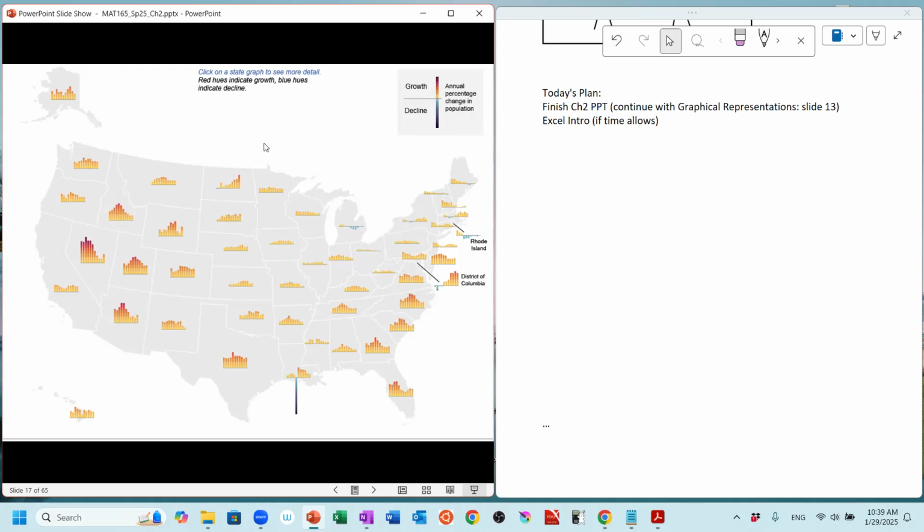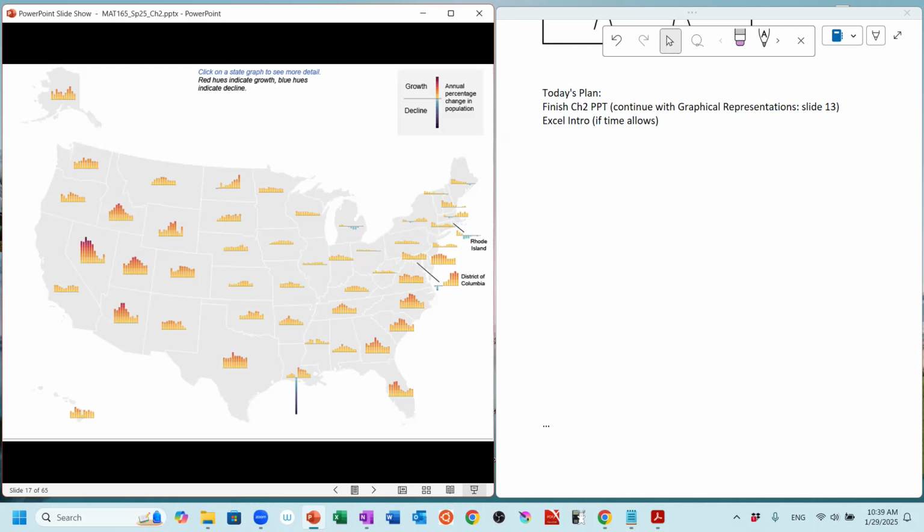And what I like about this is it combines the idea of a histogram. Now, I should say this isn't technically a histogram, because these bars represent growth or decline, say percent change, year over year. So my horizontal axis really is time, and my vertical axis really is percent change. But I'm showing this because it's an example of how you could use the idea of a histogram in a slightly different way.